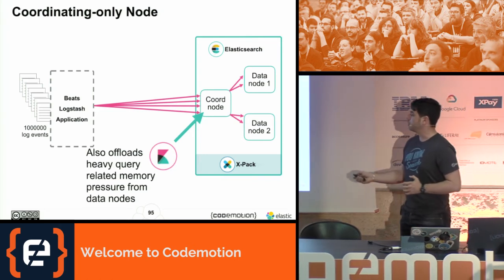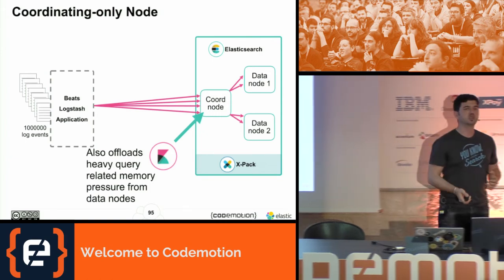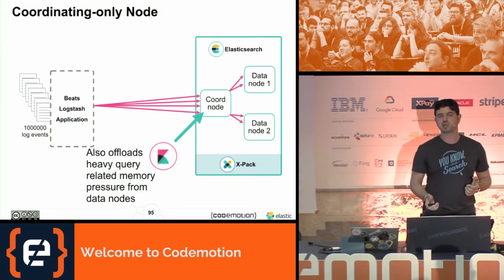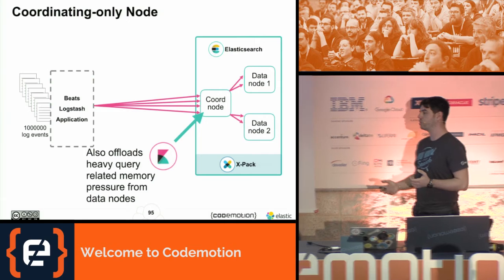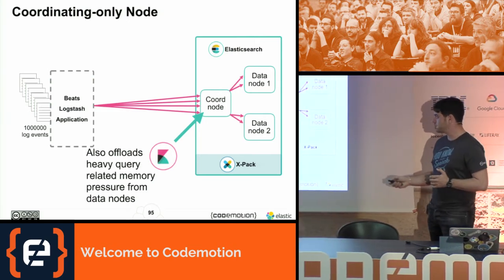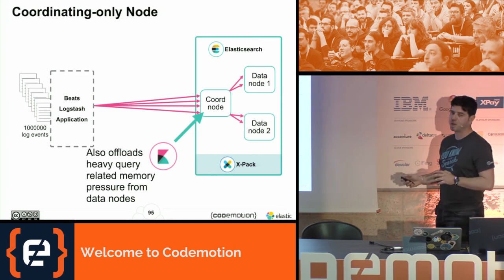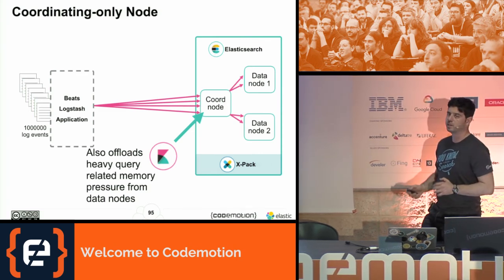So especially keep in mind Kibana when you open a dashboard, like the date histogram, for example, that's an aggregation, of course. Aggregation can be memory intensive. So this is also a best practice to offload some of the memory pressure from the data nodes.